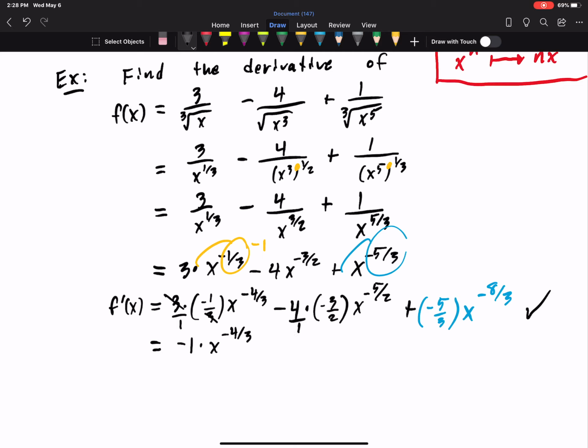Similarly for the second term, so we have minus 4 over 1 times negative 3 over 2. So what does that give us? That gives us minus 12, or rather positive 12, because of the negative times negative, over 2. That'll simplify to be 6. If you want, you can do that now. Then we have x to the minus 5/2, because nothing changes with that. All we're doing is combining the stuff in front of the x's.